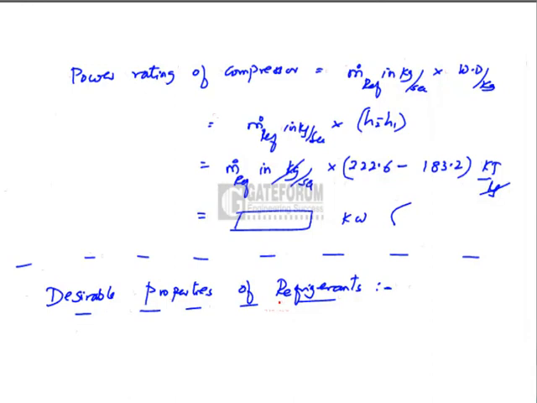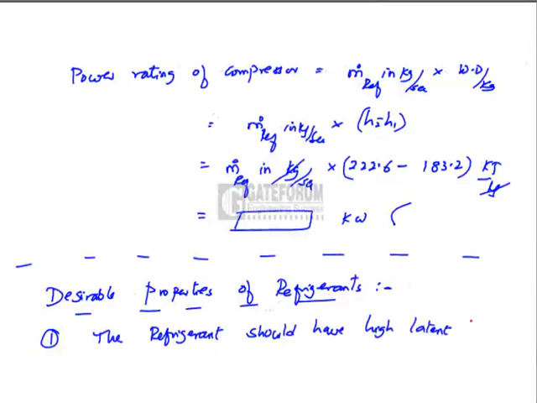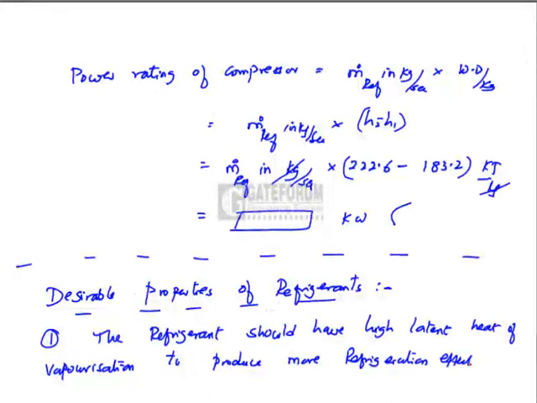So what are the important desirable properties? First, the refrigerant should have high latent heat of vaporization. What for? To produce more refrigeration effect per kg of refrigerant.